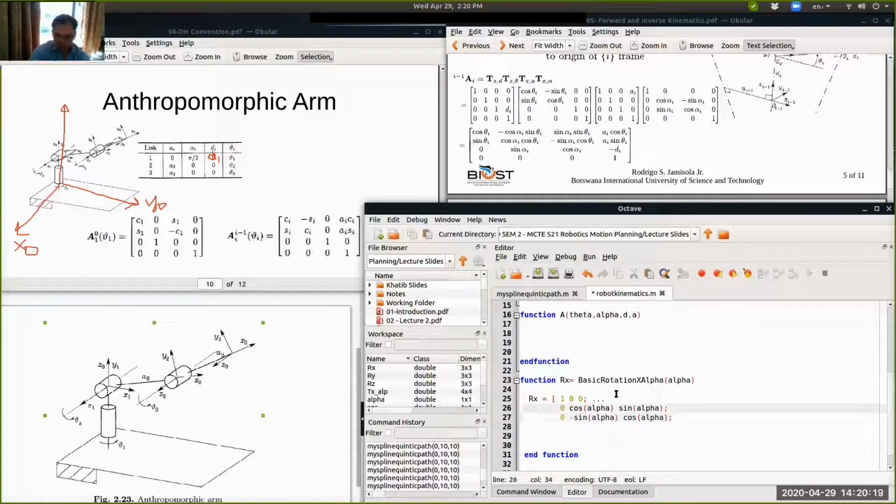Then this one is 1, 2, 3, and we give angle inputs in radians, so we don't change anything. So that's the rotation about X.